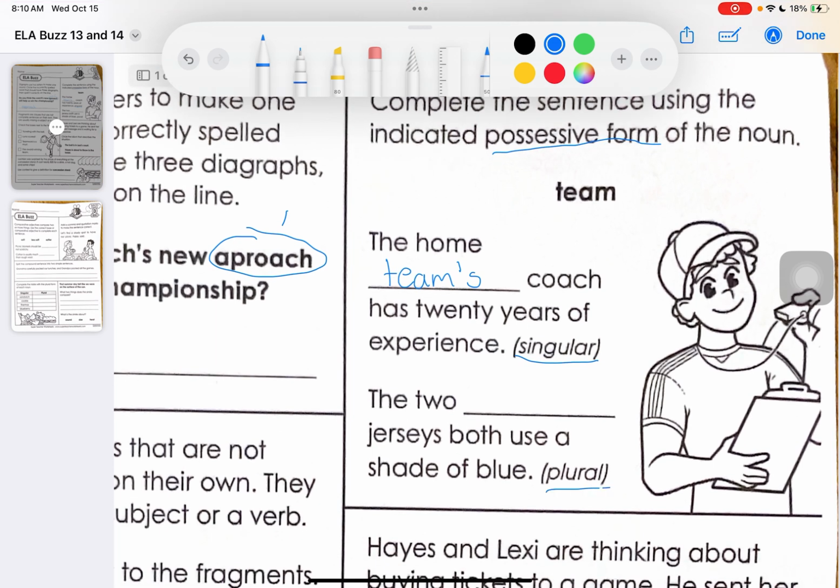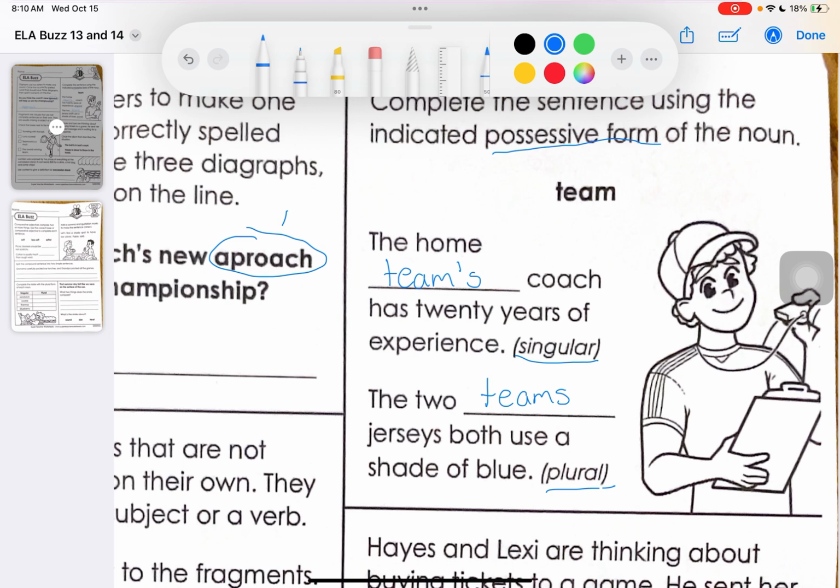Now this one says plural. The two teams' jerseys both use a shade of blue. So this one, if it's singular, there's one team. If it's plural, it's teams. Now, you don't just put the apostrophe in that same spot.